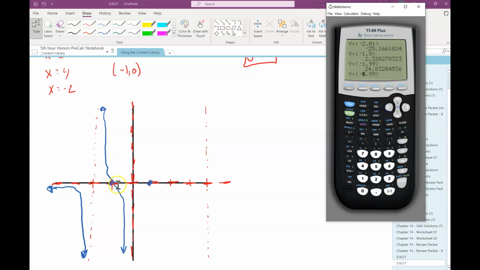Since -1 is a single root, it can't bounce and go back the other direction. It's got to pass through and then just keep going down. Oops. That's positive. So doing the other side of 0, that's positive. We'll get a little bit closer just to make sure. Still positive, so that's good.